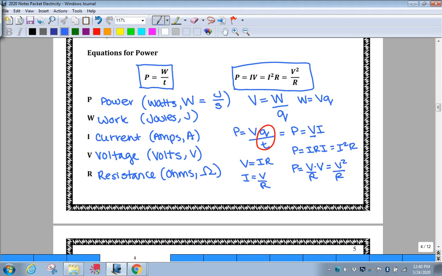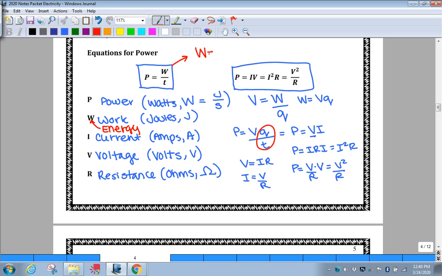And so on the next page, we actually have all different equations for electrical energy. Now you have to keep in mind, we learned back in the work, power, and energy unit that work is energy, energy is work. So if they ask you for the amount of electrical energy, they're really asking you for W. So look at this equation, power's work over time.